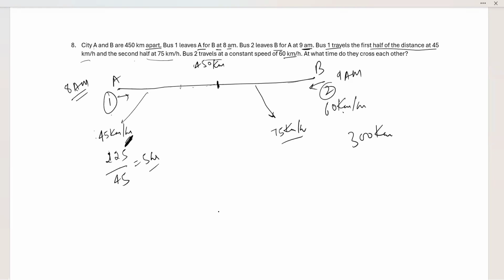ठीक है, तो इसको ऐसे देखिए. So let this happen. Let the meeting point be here, somewhere here. यहीं पे कहीं पे होगा. Mid से पहले ही होगा. So let's say they meet at, wait. अच्छा ये 8 AM पे भी चल रहा है तो उसका भी we have to incorporate that also.